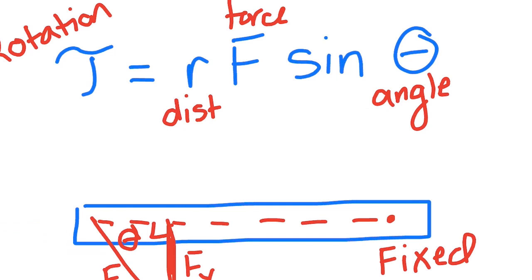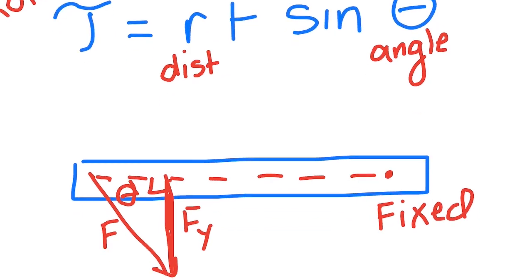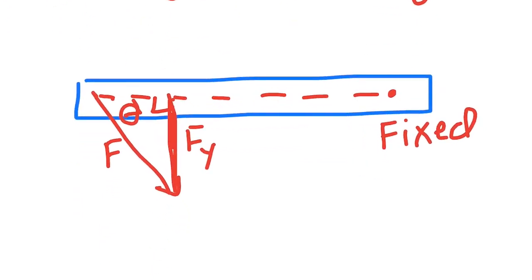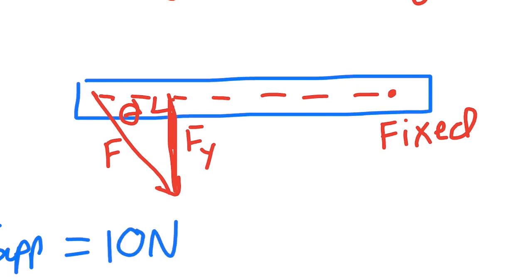So now let's take a look at a situation where we might be given some values. So to do a couple simple calculations, let's say you apply a force of 10 newtons and at a distance of 2 meters from your fixed point.